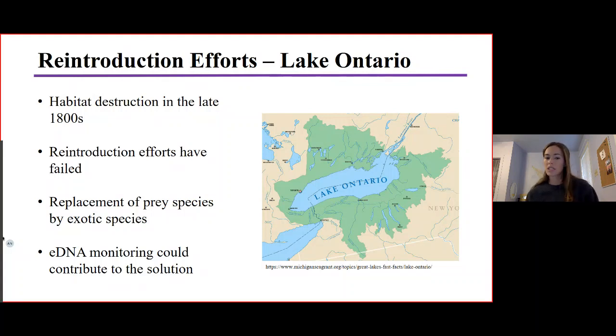So an environmental DNA monitoring approach can contribute to the solution, where it could monitor the population sizes of Atlantic salmon, but also look at many different species, specifically if exotic species are moving into an area. And that way we can better determine where we should put our reintroduction efforts and decide where it would be worthwhile, as opposed to Lake Ontario, where it hasn't been successful.